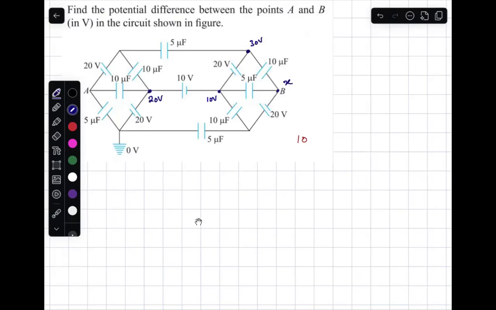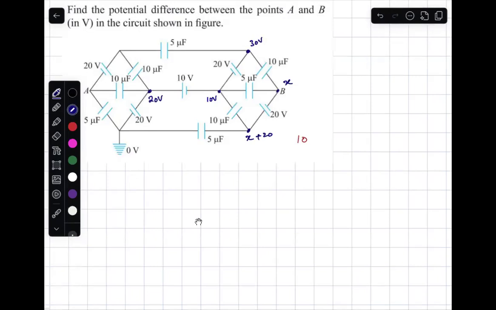But I can write this as x plus 20. Right. Ten volt. Right.